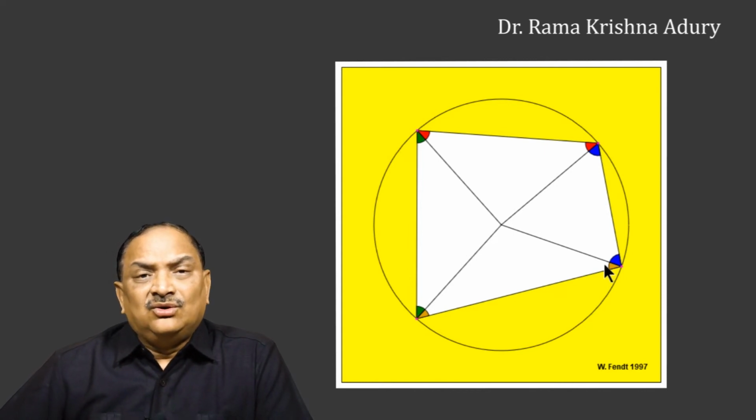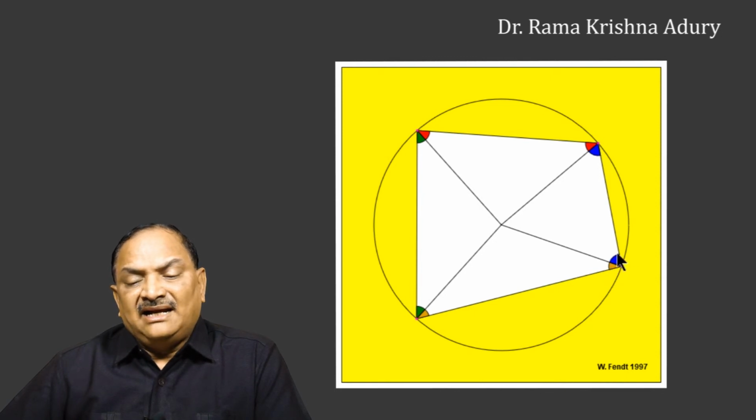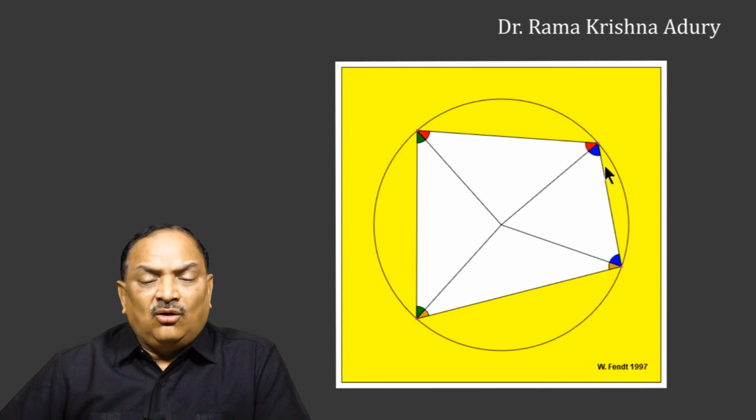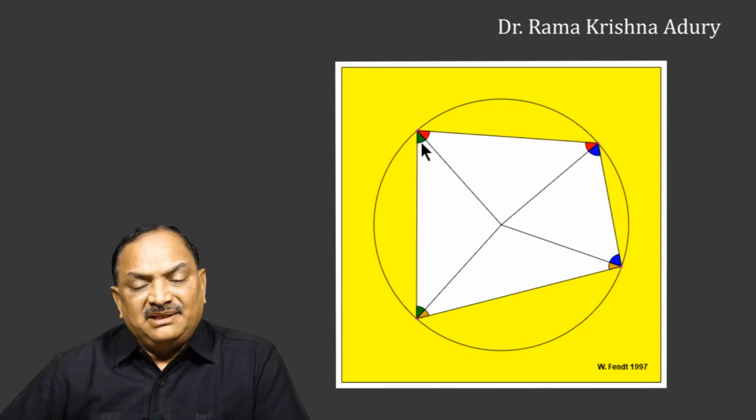So if you want to mark them with alphabets, you can say A and A are equal, base angles. B and B are equal, they are in green color, base angles. Brown and brown, they are equal, you can say C and C, and blue angle here D and D. If you want to add all the 4 angles of the quadrilateral, you will have A plus A, 2A, B plus B, 2B, C plus C, 2C and D plus D, 2D.